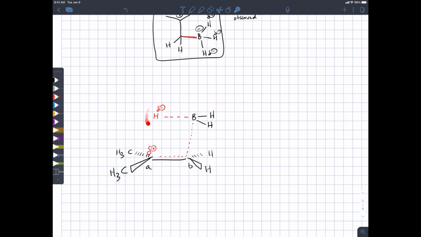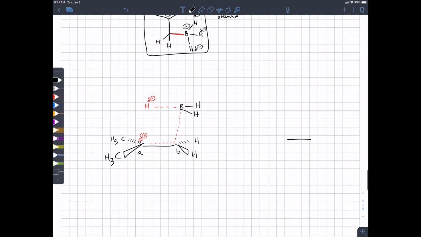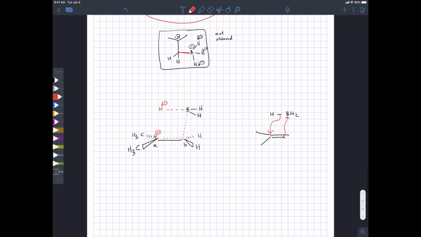And that's exactly where it should be because it can line up with the developing positive charge on the carbon. The way we would draw this mechanism in a single step would be simply to have alkene electrons attack the boron, and then hydrogen leaves with these electrons and they attack the more substituted carbon.